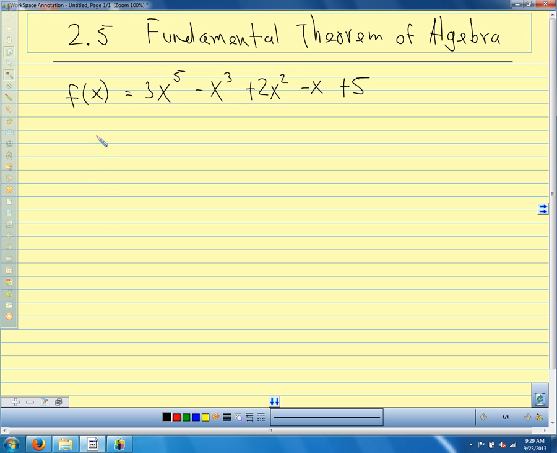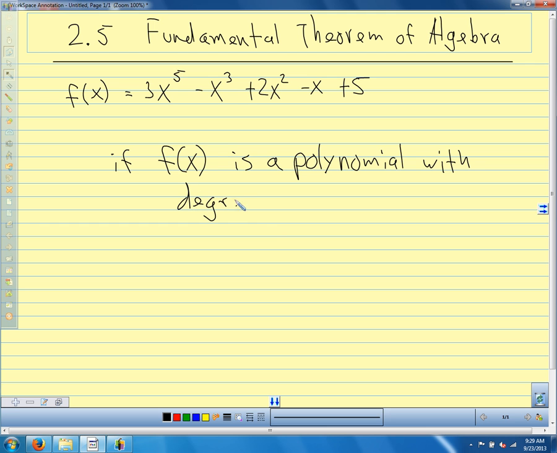So we have some polynomial. f of x is a polynomial with degree n, and we want n to be greater than 0. So we don't want a 0-degree polynomial.